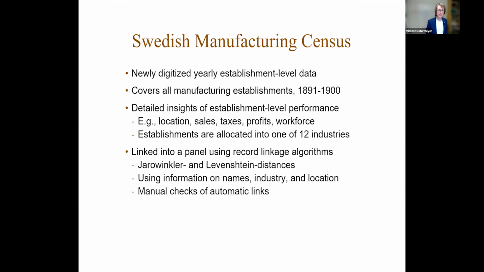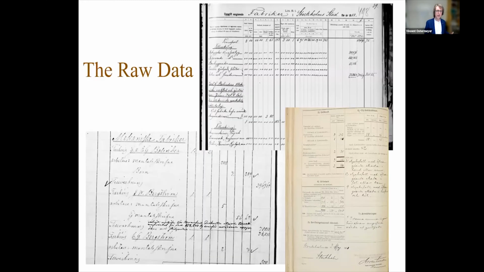So I'm using the Swedish manufacturing census, which is a newly digitized source, and it covers all Swedish manufacturing firms during the late 19th century on a yearly basis. So this is how the raw data looks. And we digitized this, and it tells us the sales of firms, the profits of firms, and their employment, so the number of workers broken down by gender, and where they were.